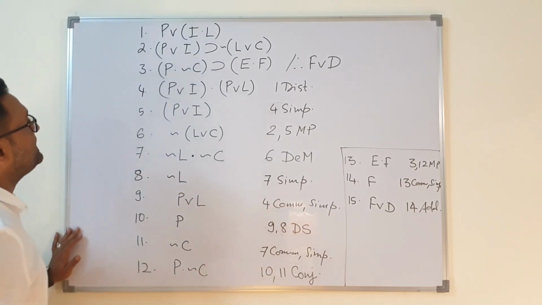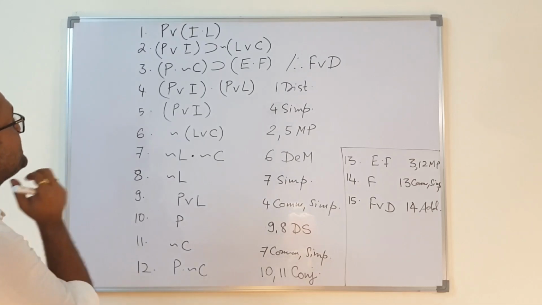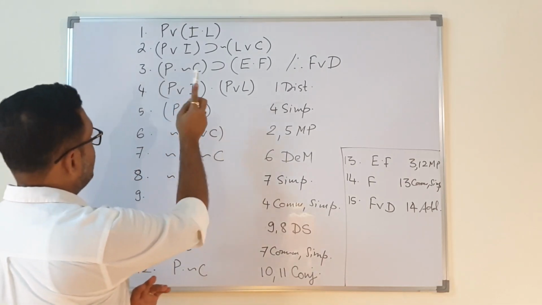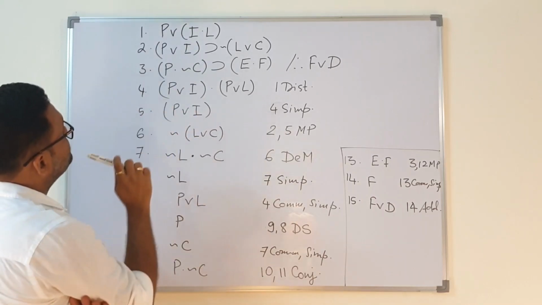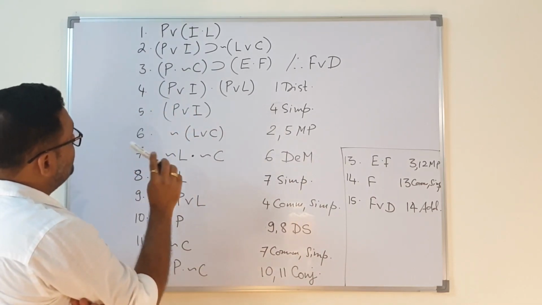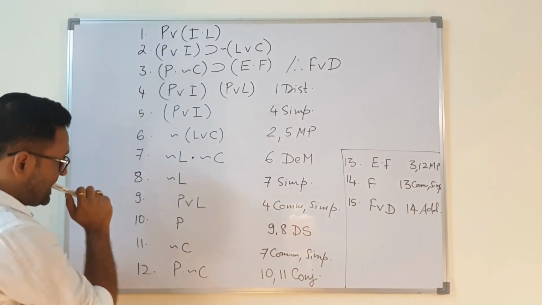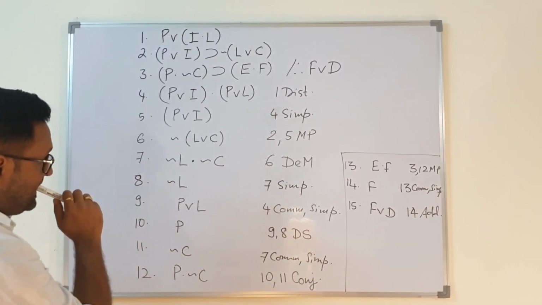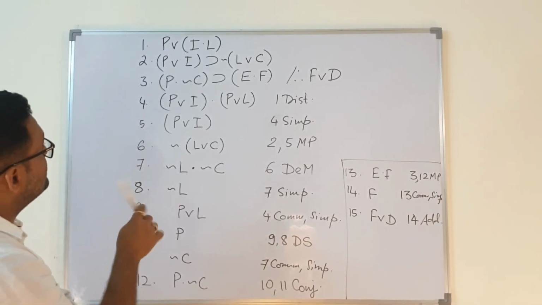We have created P as well. I guess there was a contradiction also in this question. P wedge I I have created. So from here I have got P wedge L also, and I have got this. There must be a contradiction as well in this question.